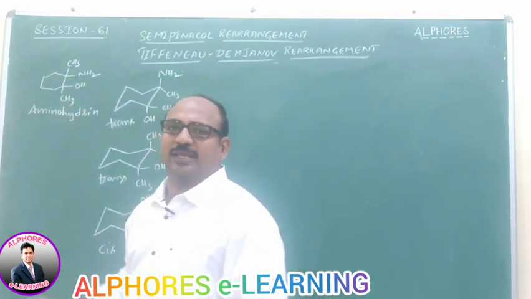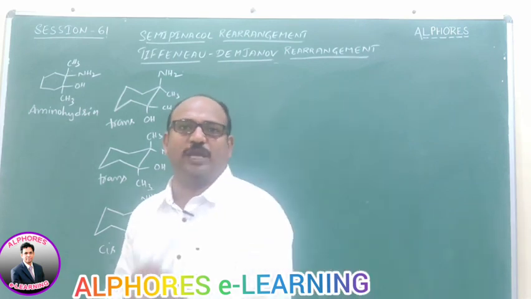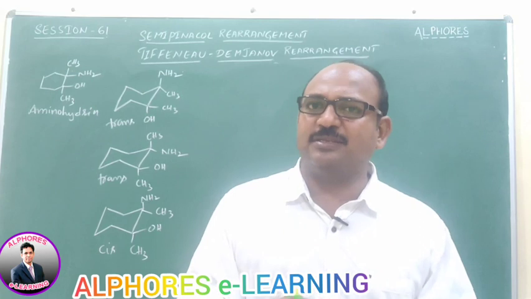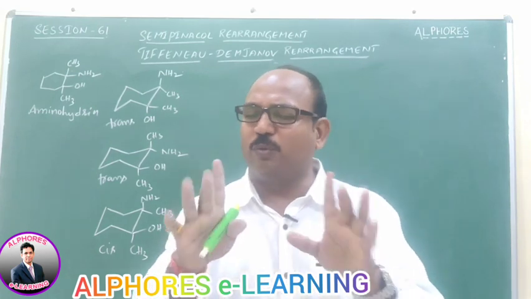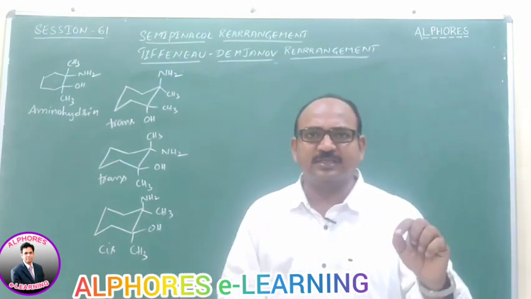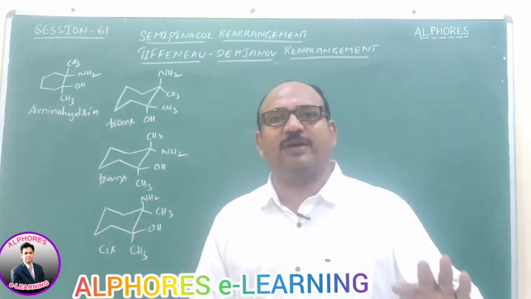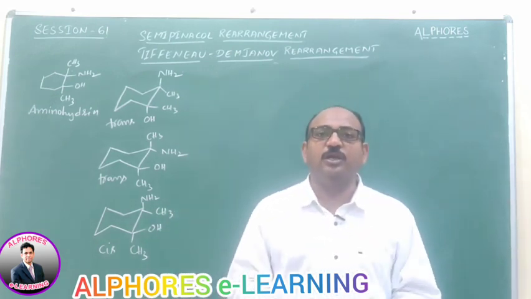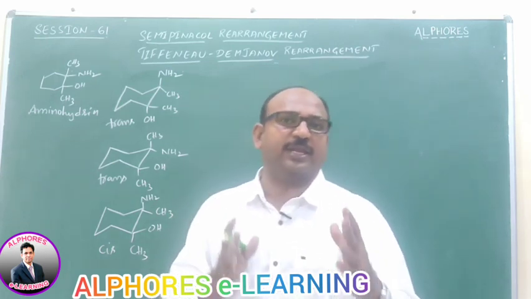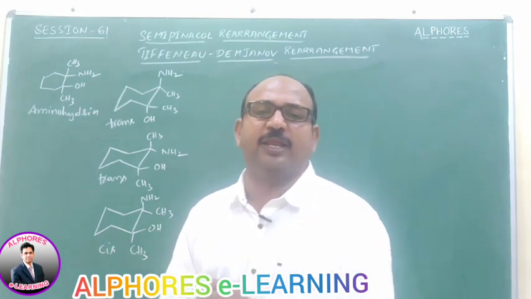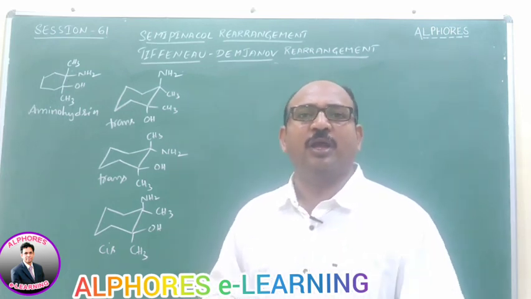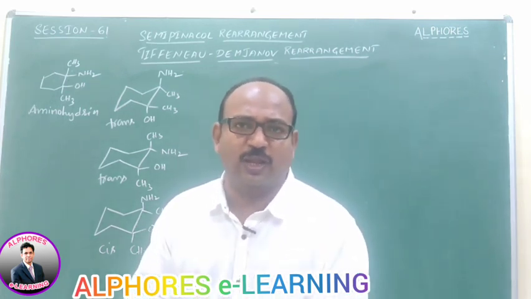Take 1,2-dimethylcyclohexane-1,2-diol. In such a case, whether you consider cis or trans, whatever the substrate, cis isomer or trans isomer, you get the ring contraction product, the five-membered ring ketone, as the major product, and the six-membered ring ketone in less than 10%, as we will learn.